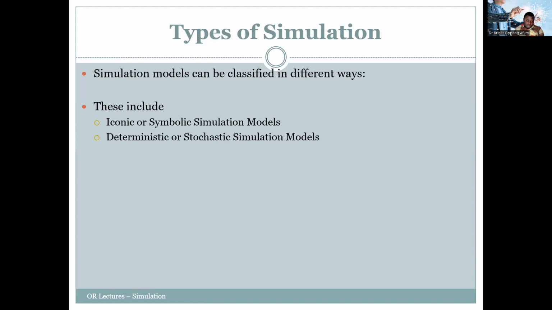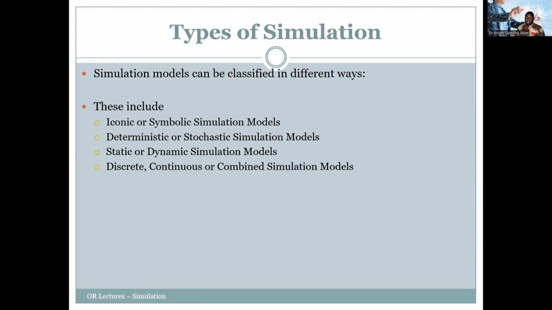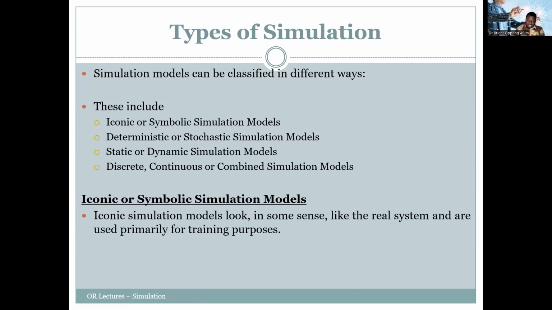Then we are familiar with deterministic or stochastic simulation models, and we have static or dynamic simulation models, and discrete, continuous, or combined, where both discrete and continuous work together, called the combined simulation model. We'll take them one by one and understand these names.